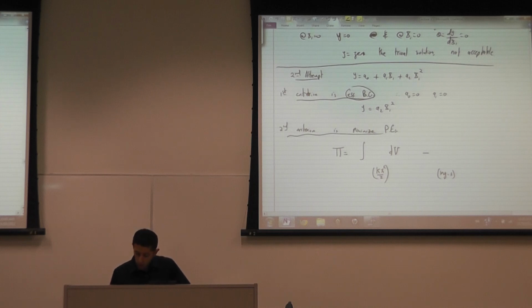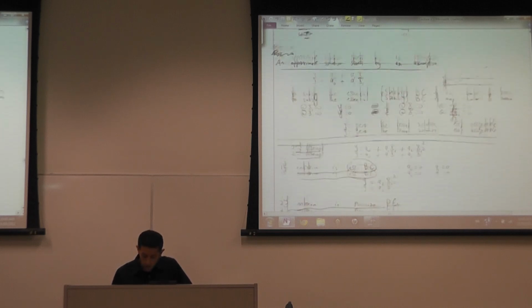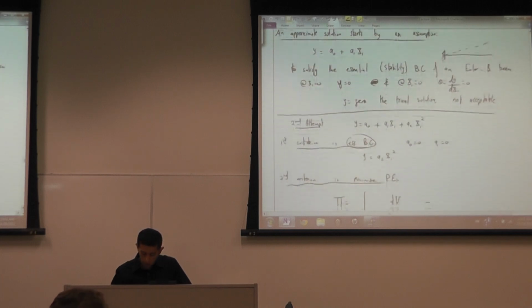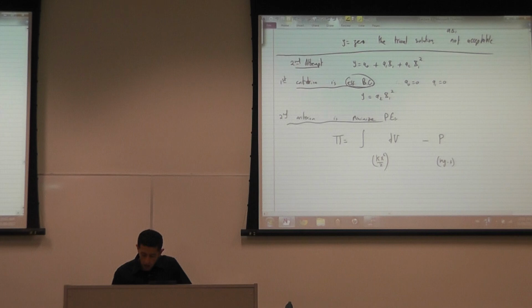For the work done by the external forces, I'm going to look at the beam. The external forces are the reactions and the external force P. The essential boundary conditions will make the work done by those reactions 0. I'm only left with P. So minus P, this is negative because it's acting downwards, and the displacement is A2 multiplied by L squared. This is the displacement when x1 is equal to L.